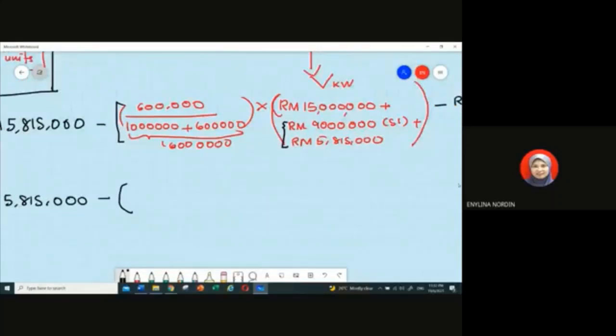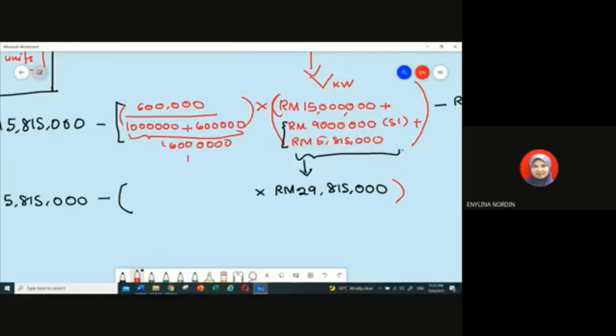So the value of the combined firm, how much? First we need to calculate here: 15 million plus 9 million plus 5.815 million. So the value of the combined firm is RM 29,815,000.